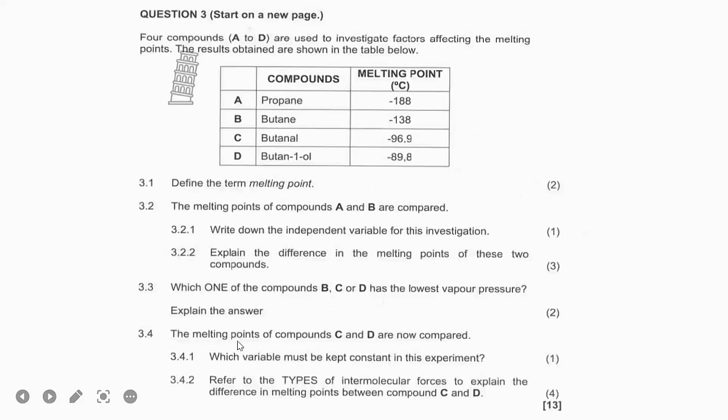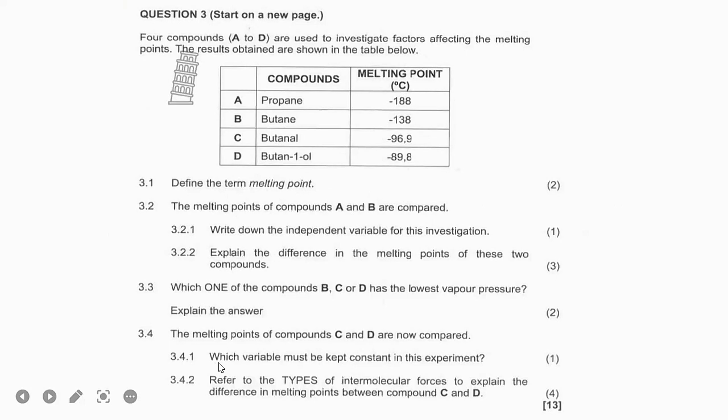Then 3.4 says the melting points of compound C and D are now compared. So we are now comparing C and D, which are obviously not in the same homologous series. Butanol is in the aldehyde homologous series, which we know has dipole forces, but then butan-1-ol is in the alcohol homologous series, which we know has hydrogen bonds.